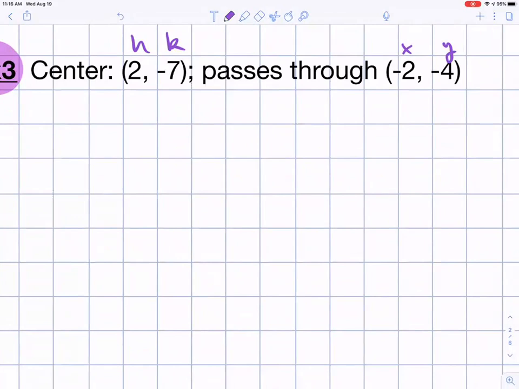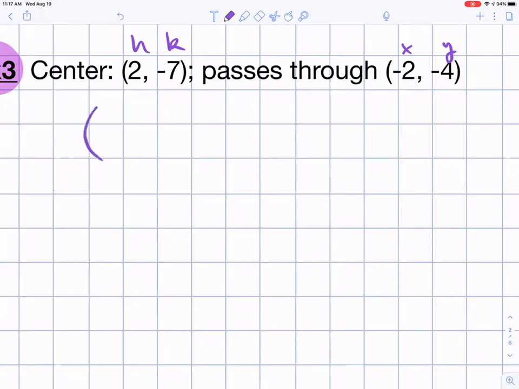If you took your standard equation and plugged in the H, the K, an X, and a Y, what would be the only thing unknown in that equation? An R. So if I plug in those 4 things, I can find R, and then I can write my standard equation because I'll have my H, K, and R. So it's a 2-step process. Let's go find R first, and then we can write our equation.